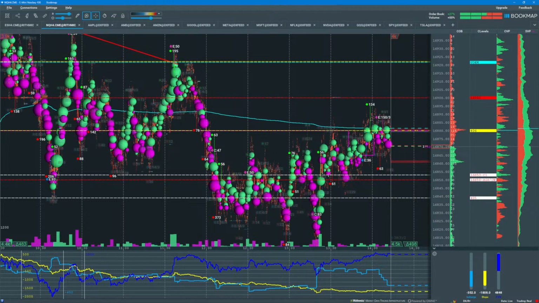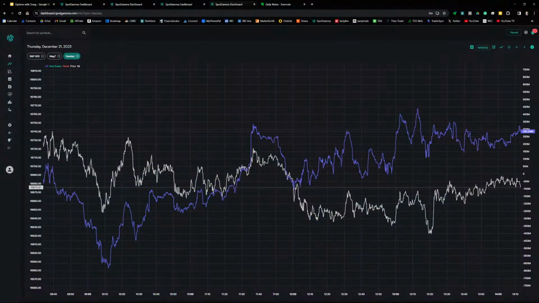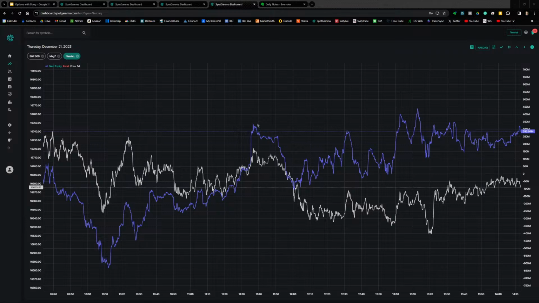Let's go back to Hero. And that was also signaled in with Hero here. Right around 11:35, traders started taking negative delta positions. Let's take a look also at the Magnificent 7 signal.